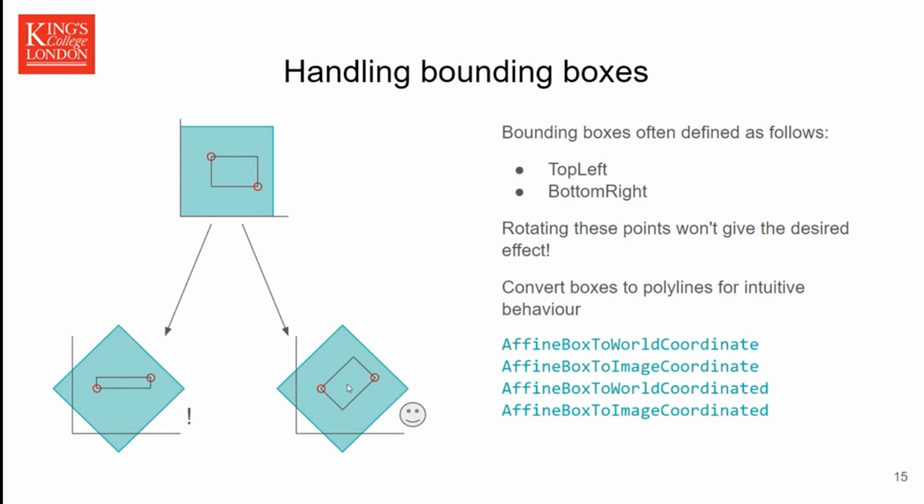Whereas what you really want, if you rotate a bounding box because you've rotated the data, is probably something more like this. So one of the features that we've provided is the ability to automatically convert your boxes to polylines, and you can convert them either into world coordinates or to image coordinates.